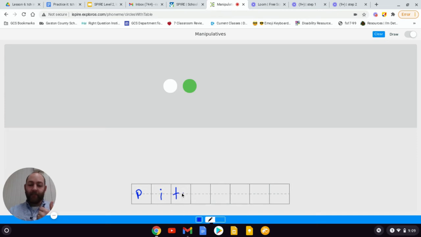The other way we spell it is CH. All right. But there are specific reasons why we're using TCH because of that vowel right before it. It's at the end of a syllable. That's why we're using TCH. Okay. I'm going to put a smiley face under TCH to let you know, hey, this is a trigraph and I need to make one sound for it. All right. So we have p, i, ch, pitch.